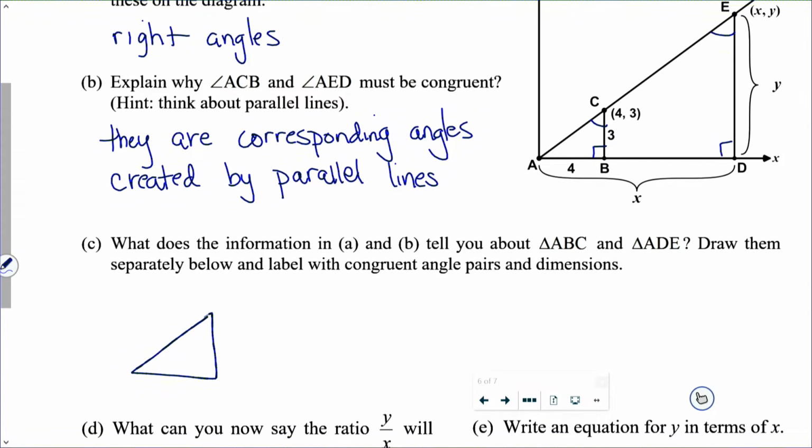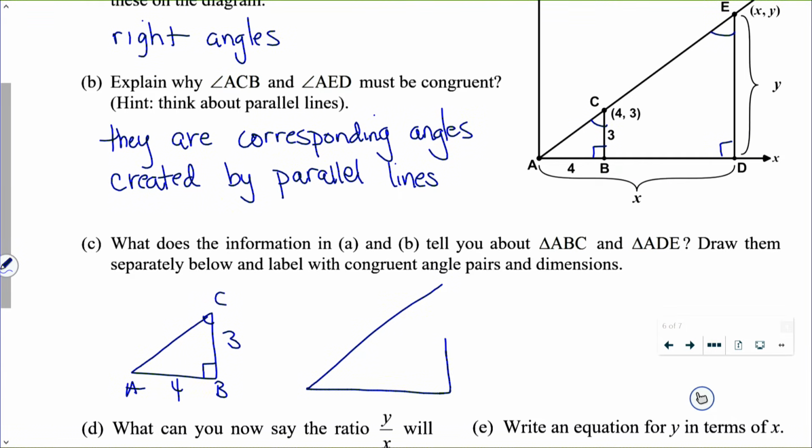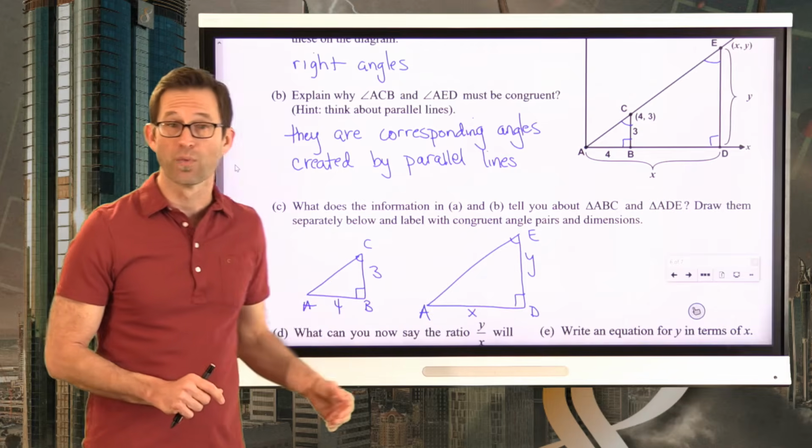Here's triangle ABC, and I'm going to put those two corresponding angles in there with dimensions. I know that's 4 and I know that's 3. And then the larger triangle, ADE. All I know about that is that this distance is x and this distance is y. That's the best I can label this one.